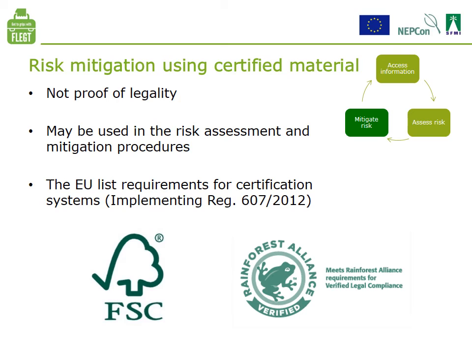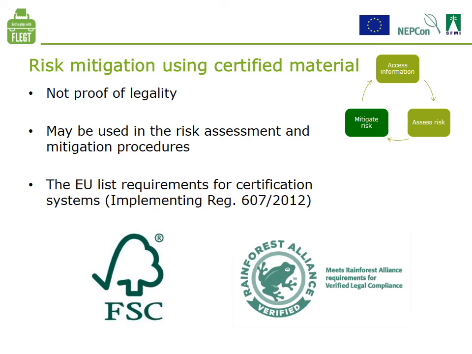Doing this can certainly play an important part in mitigating risk, but it must be noted that sourcing certified or verified material is not automatic proof of legality. As mentioned previously, only material with a valid FLEGT license or CITES certificate or permit automatically complies with the EUTR.